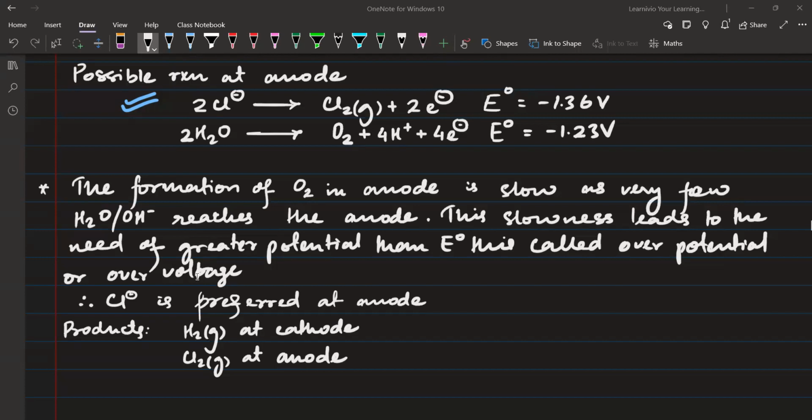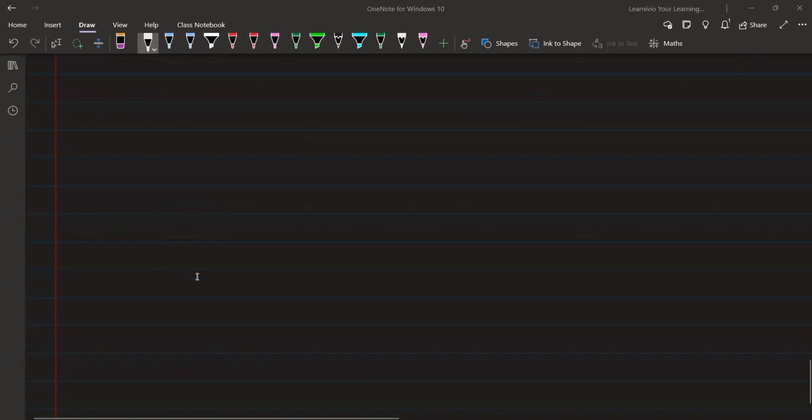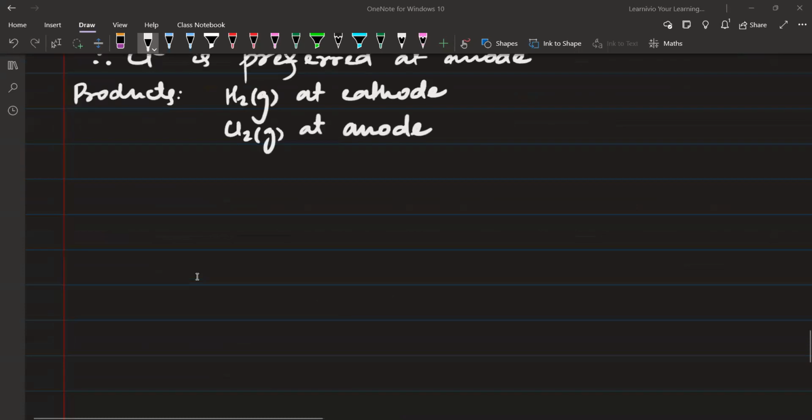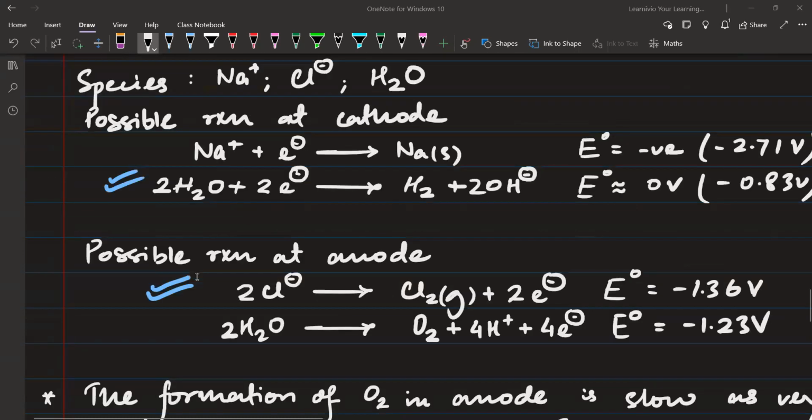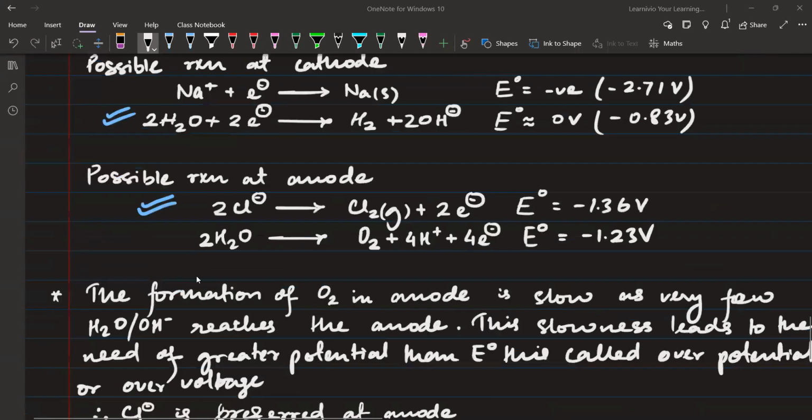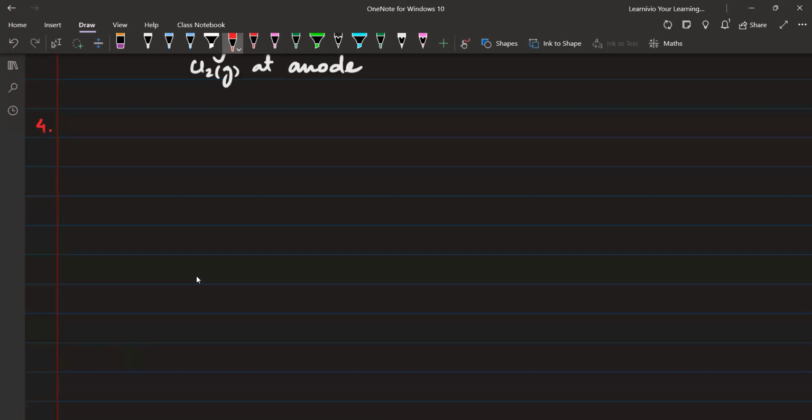Okay, now keep writing. Example 4: aqueous AgNO3 with platinum electrode.